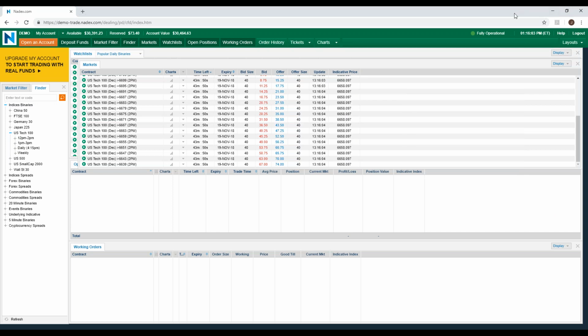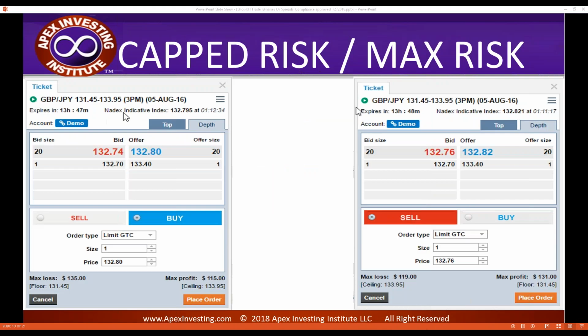But when we're looking at spreads, that doesn't mean the same thing. When this says max loss 135, that's not based on 1 tick difference. All right, spreads work differently. They're $1 a tick, $1 a pip.